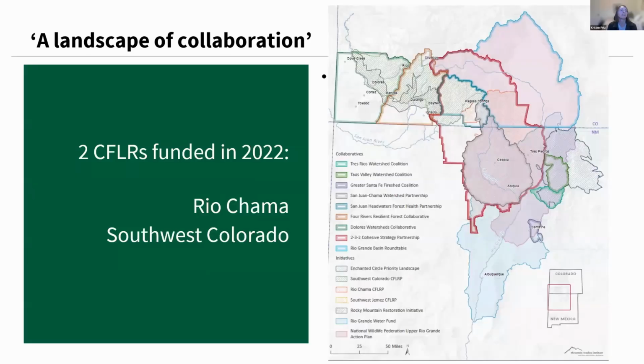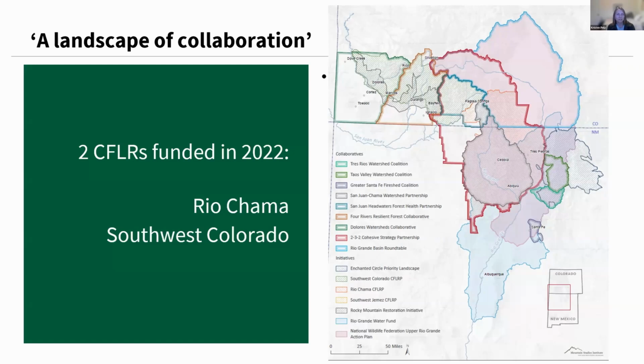So here's the landscape in which this CFLR sits. This is northern New Mexico in the south, and southern Colorado in the north. I'm grateful to Ashley's presentation showing Colorado, so you have an idea of where we are.